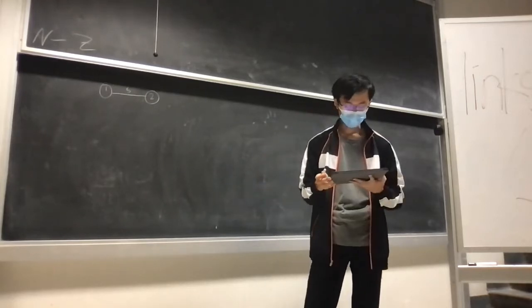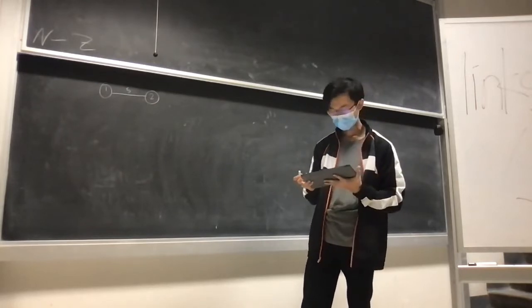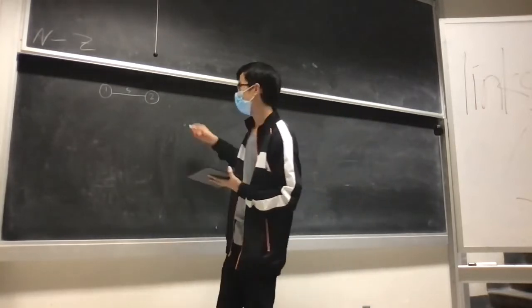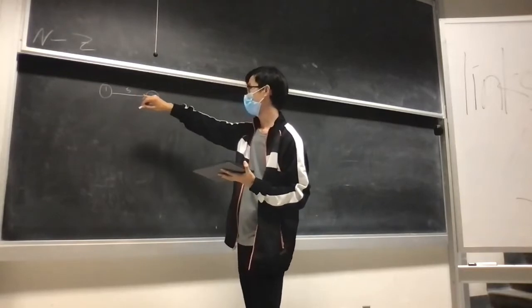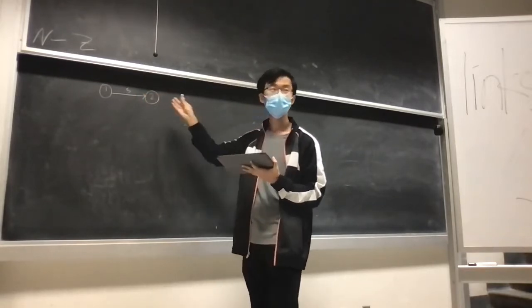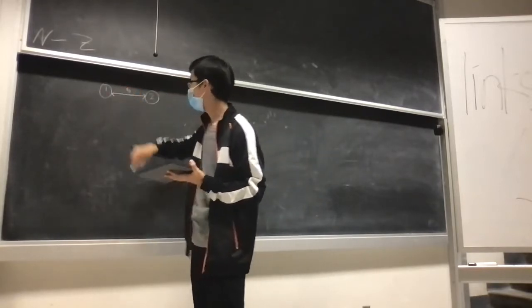There are directed graphs and then undirected graphs. A directed graph you can also call a digraph. And what this means is that each edge has a direction to it. So if we add an arrow to an edge, it becomes a directed graph. And then undirected simply means that it can go in both directions, like that.